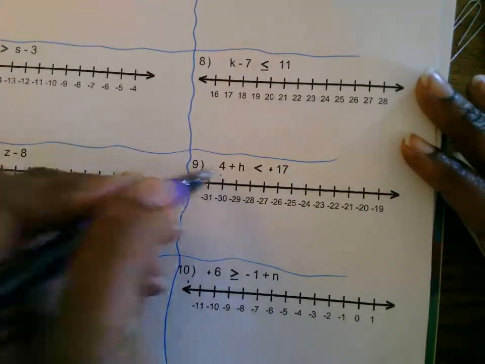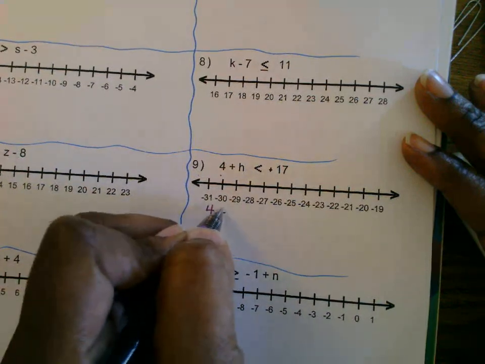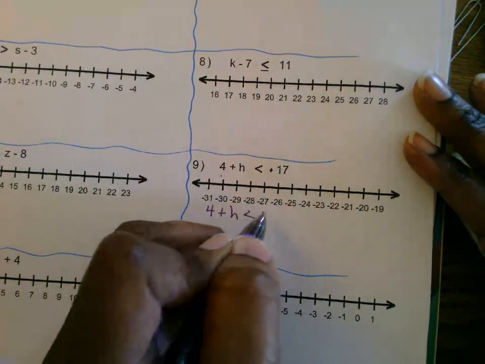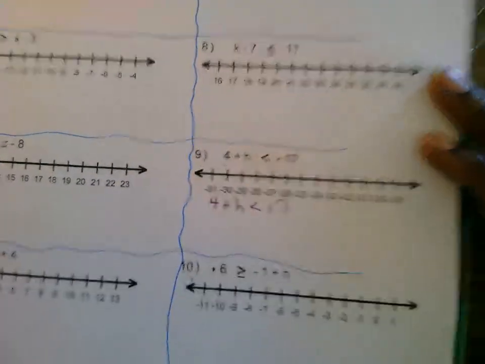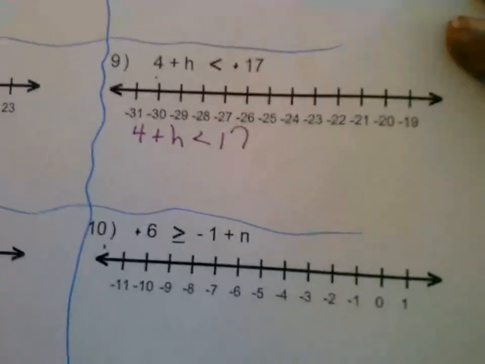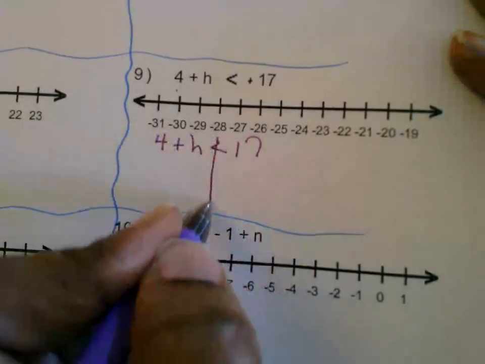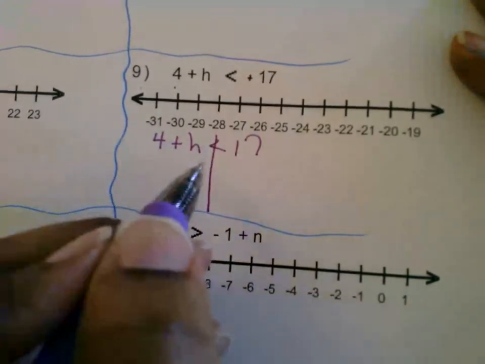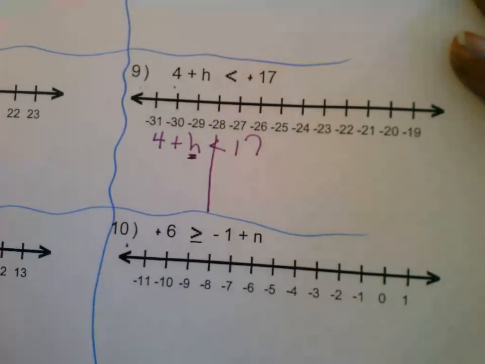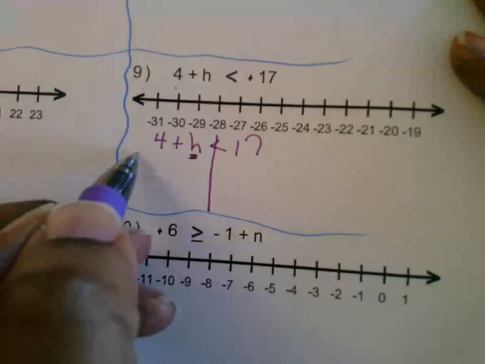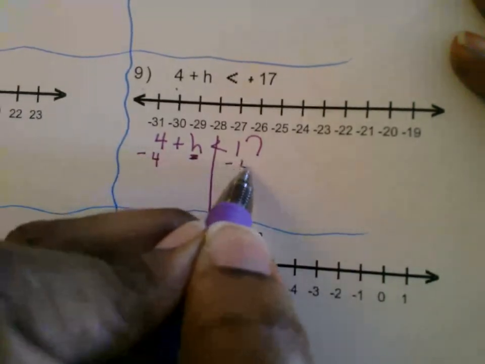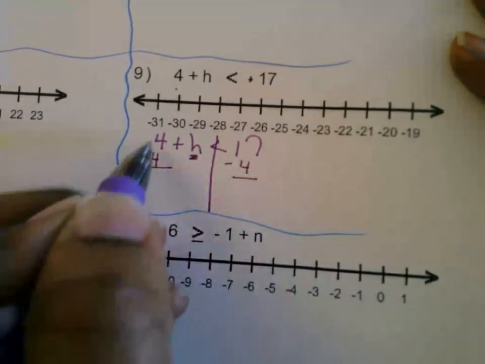Problem number 9 is 4 plus h is less than 17. Notice I write the problem down. Now, we need to isolate the variable h. So we are going to subtract 4 from both sides.